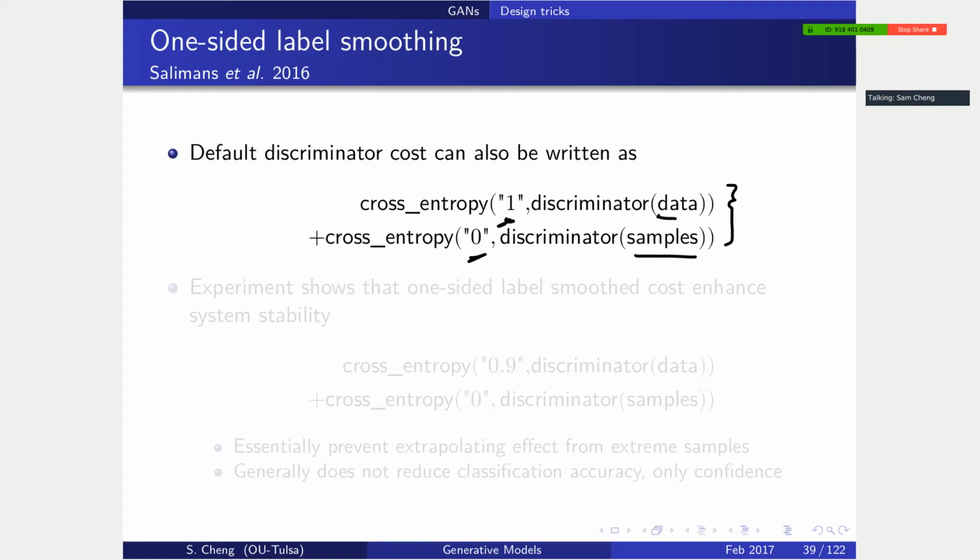So we can make it less rigid, less extreme, rather than always assuming the training data is 1, or whenever we see data generated from the generator assuming it is 0.